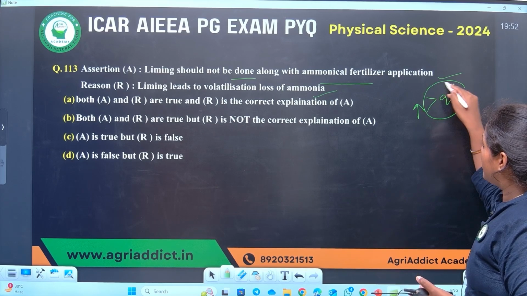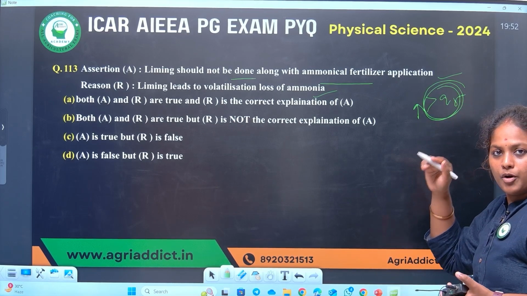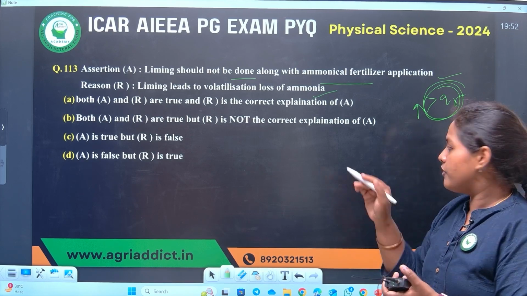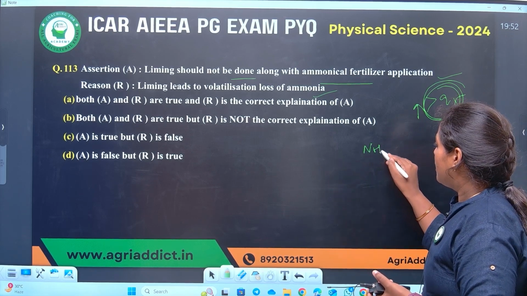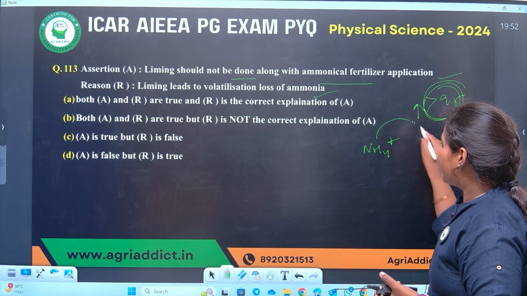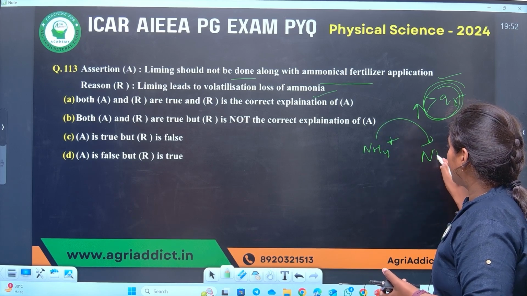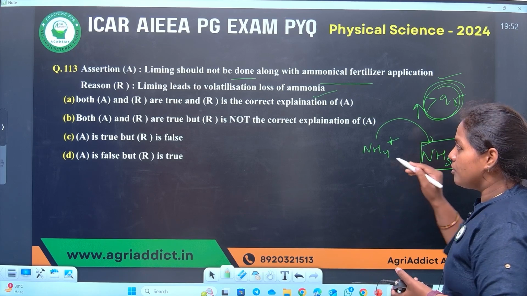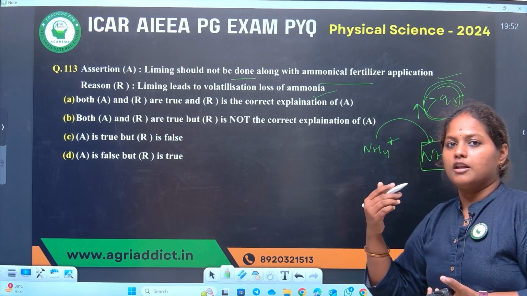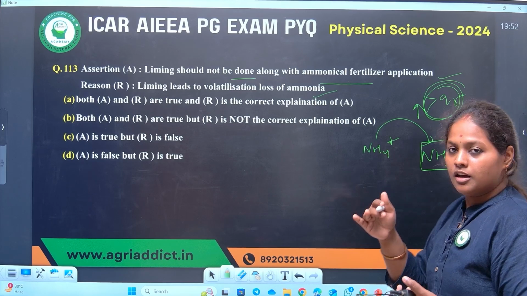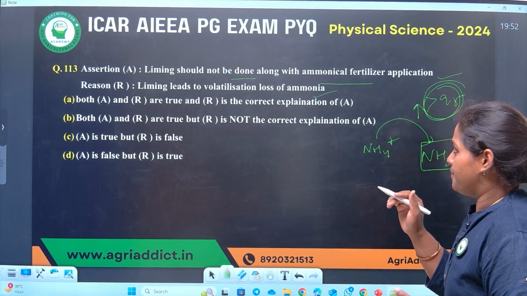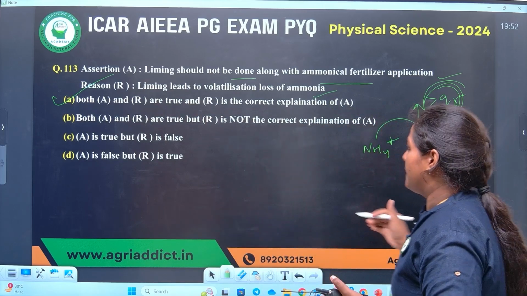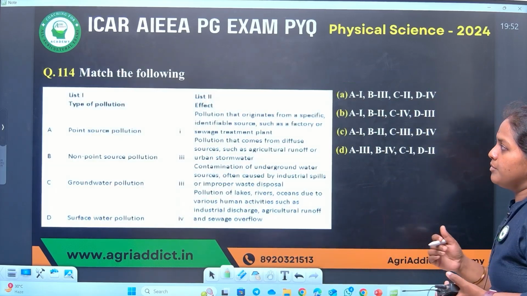Above this pH, the ammonium ion in the soil will be transformed into ammonia gas which is subjected to volatilization. So we will advise liming should not be done along with the ammonical fertilizer application. Both are true and also a correct explanation. Option A.